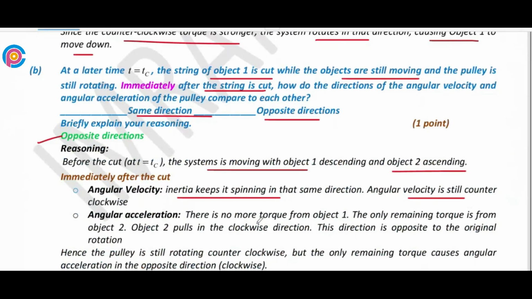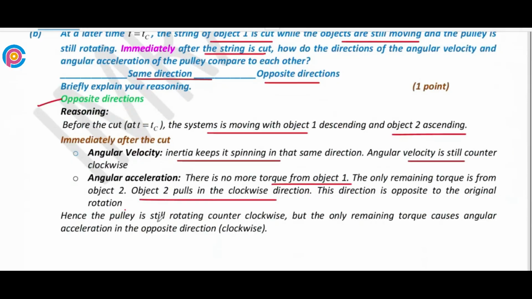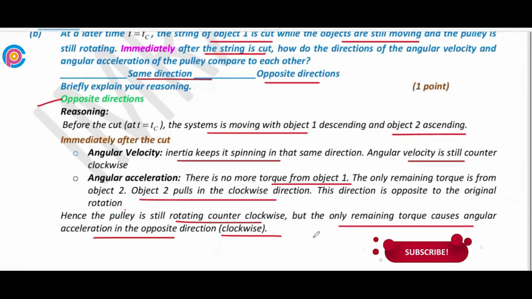For angular acceleration, there is no more torque from object 1. The only remaining torque is from object 2, which pulls in the clockwise direction, opposite to the original rotation. So the pulley is still rotating counterclockwise, but the only remaining torque causes angular acceleration in the opposite direction, clockwise, causing it to slow down. That's the answer.